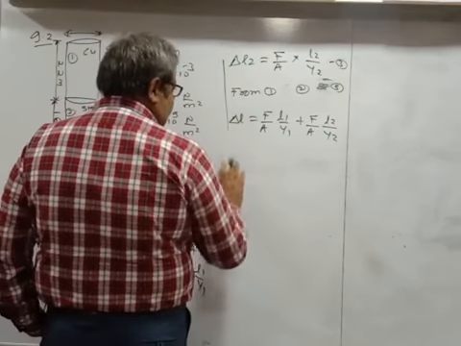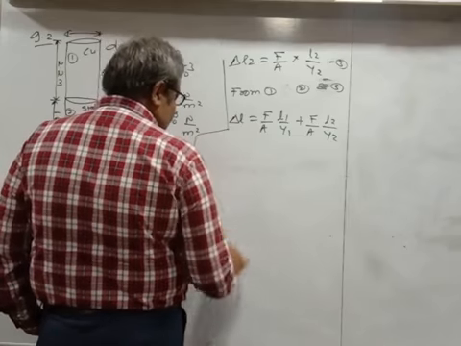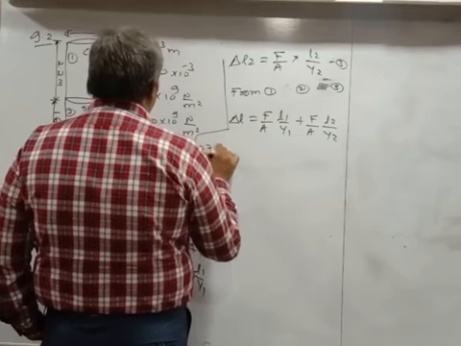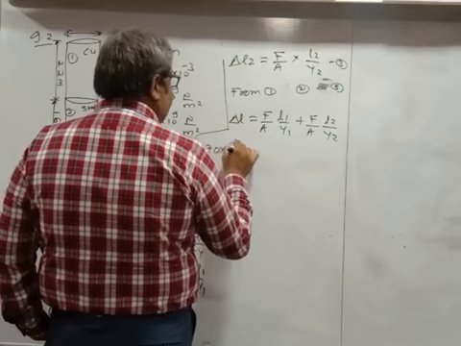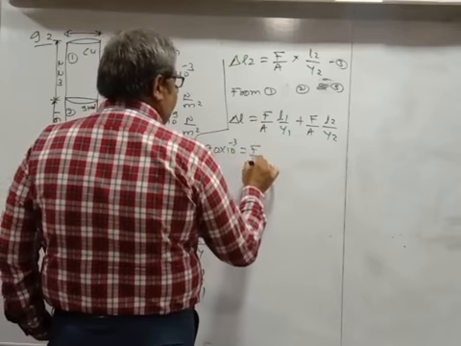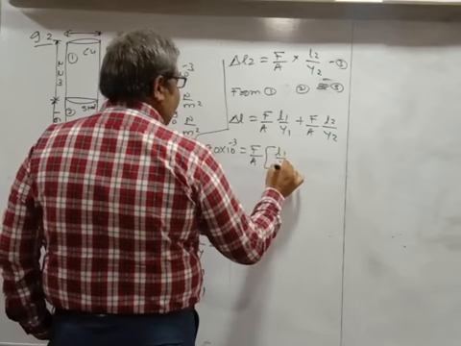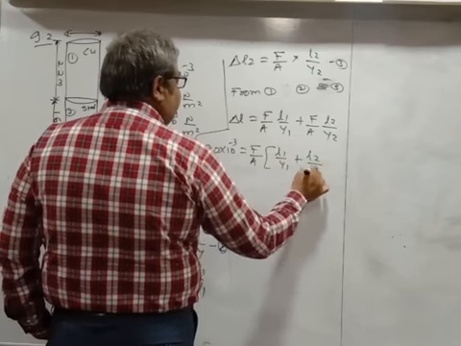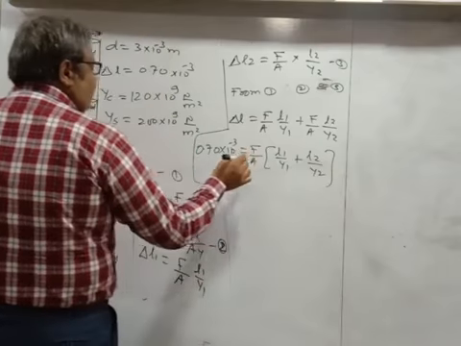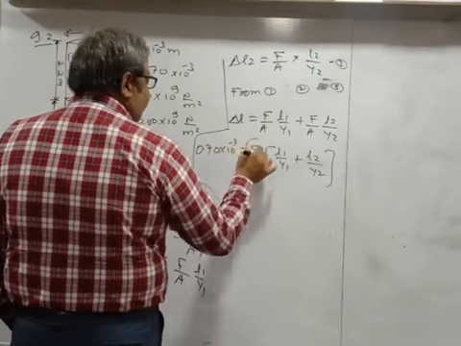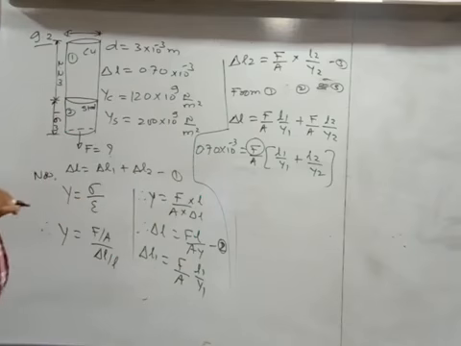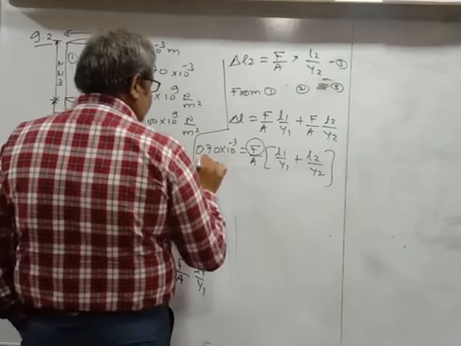So delta L, which is given as 0.7 into 10 raised to minus 3, is equal to F upon A into L1 upon Y1 plus L2 upon Y2. We are only here to find out the value of F. We will have to find out the value of A. Rest of the thing is given.